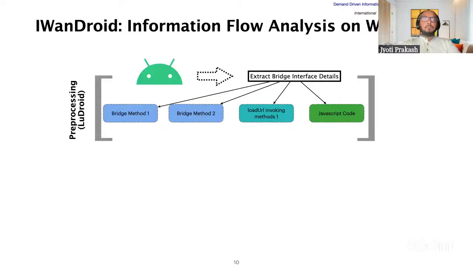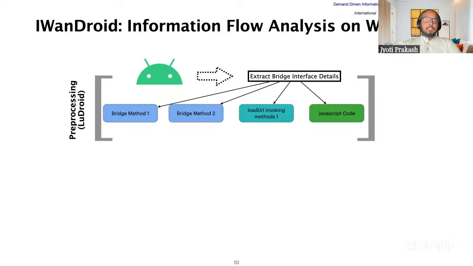And we defined a technique called IVAndroid, which does an information flow analysis. It runs in a demand-driven fashion, so it doesn't analyze the whole code, but only a part of the bridge method code.